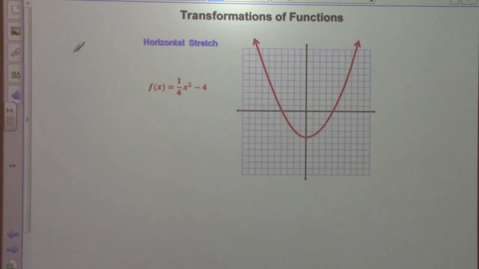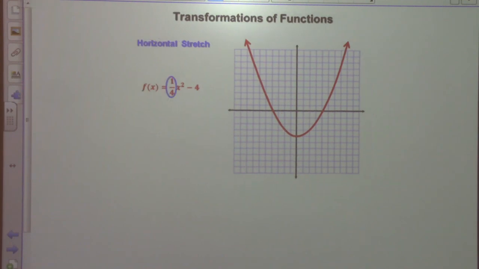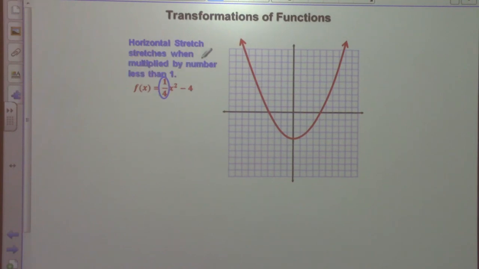Now, what are we going to do to horizontally stretch this graph here, do you think? What would we do? Multiply. Multiply by what? I'll show you. If we have this 1/4 x squared minus 4, horizontal stretch occurs when we multiply this factor by a number less than 1.